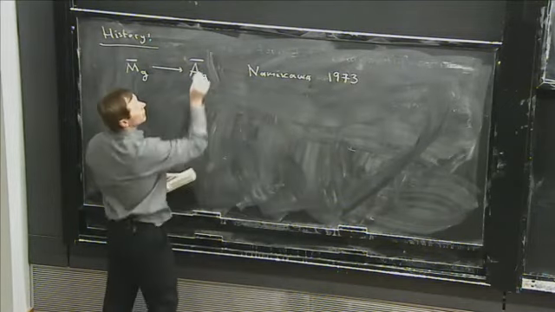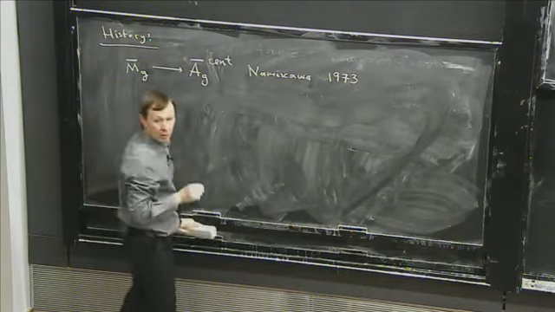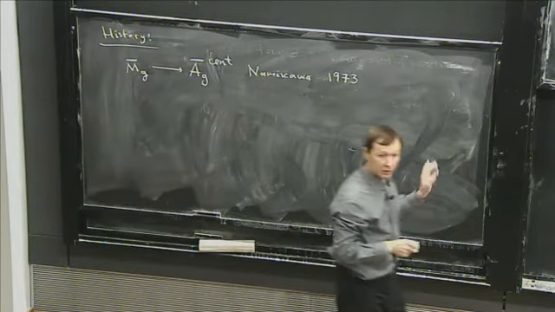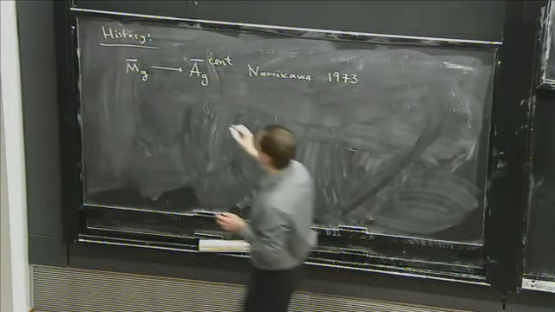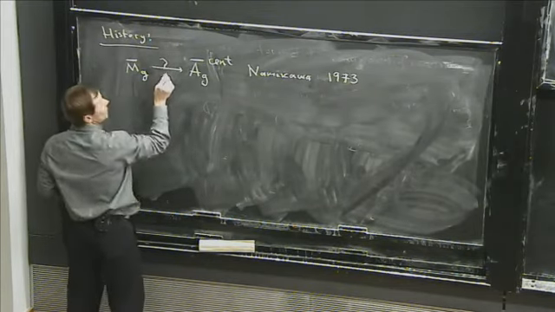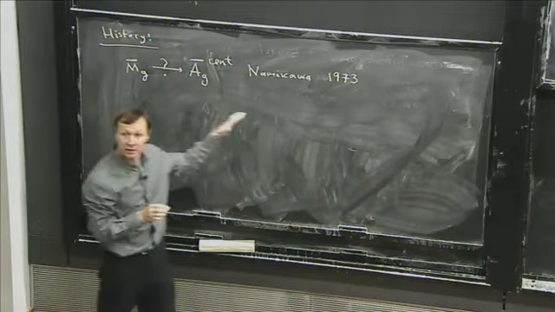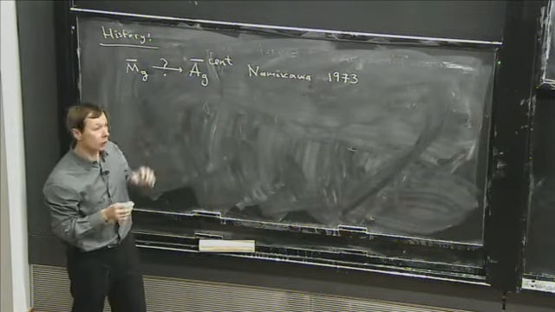And he looked at the Igusa blow-up. So in these terms, he looked at the central cone compactification. And the question is, is the extended rational map actually regular?